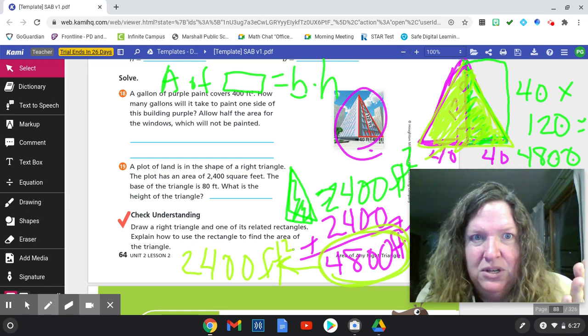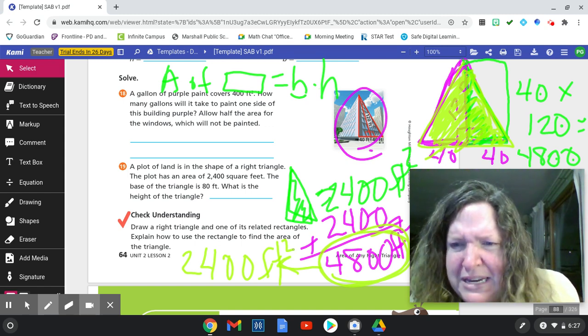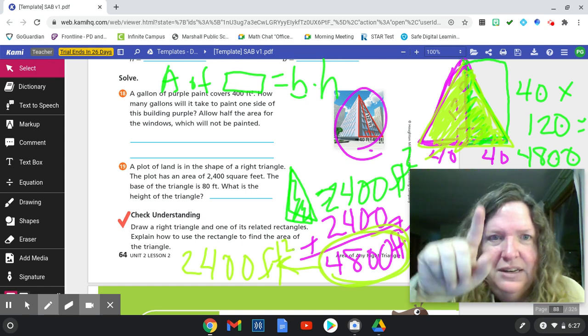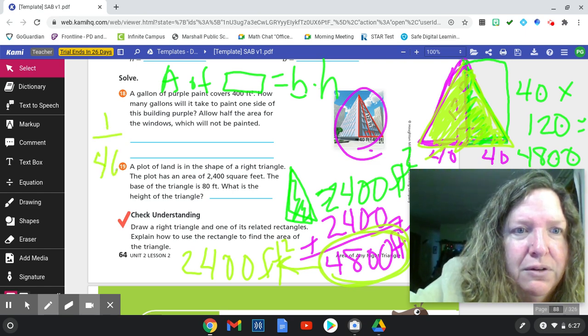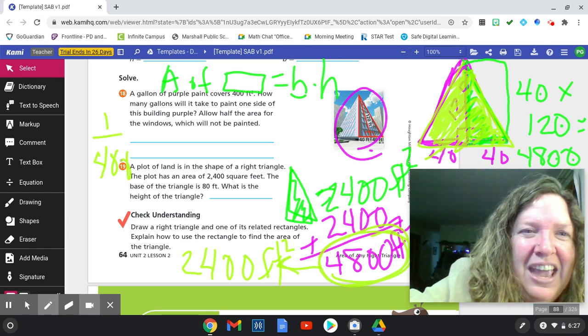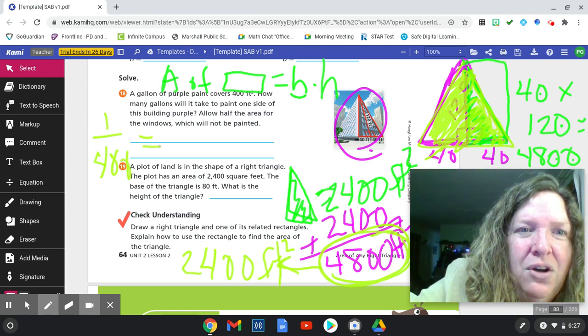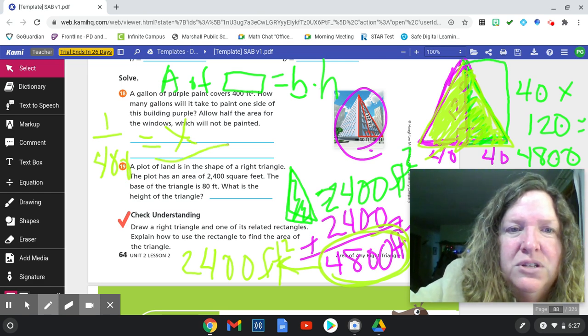How many gallons will it take to paint what we need to paint? So the answer is actually we need how many gallons? 1 gallon covers 400 square feet. This is a ratio problem, isn't it? And we want to know how many gallons, I put an X in there, how many gallons covers 2,400 square feet?